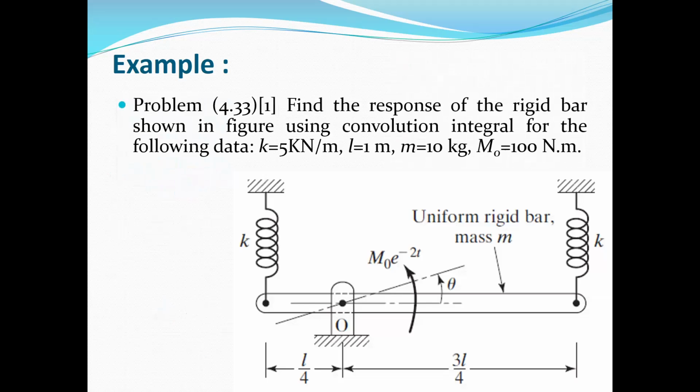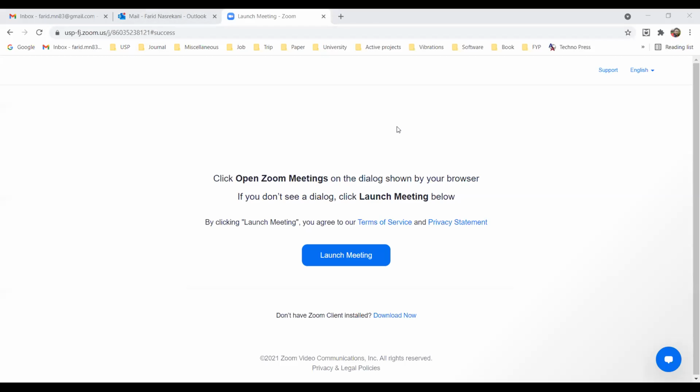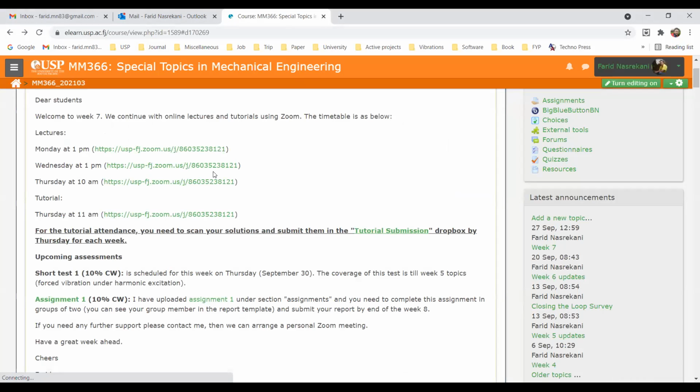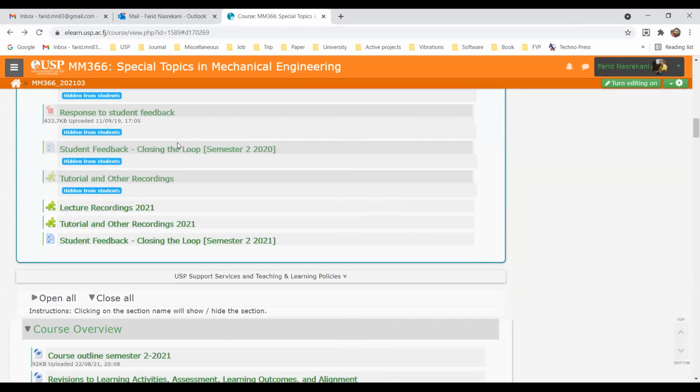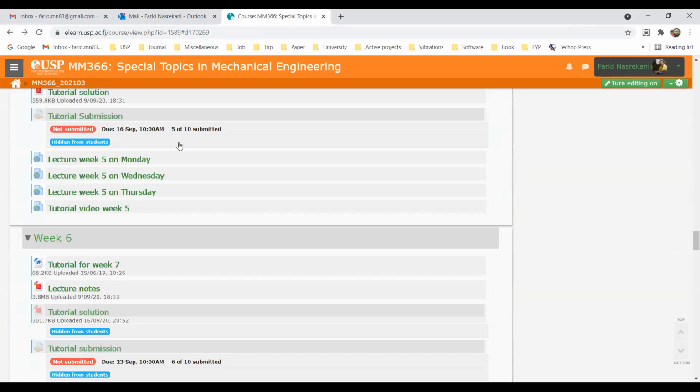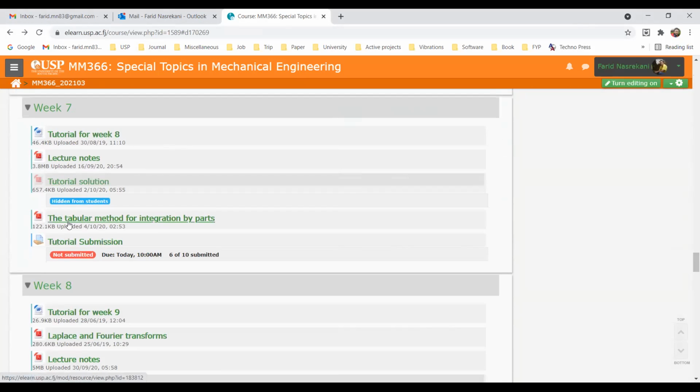Okay, so let me show you. If you go to your Moodle page, I think here in week 7, the tabular method for integration by parts.